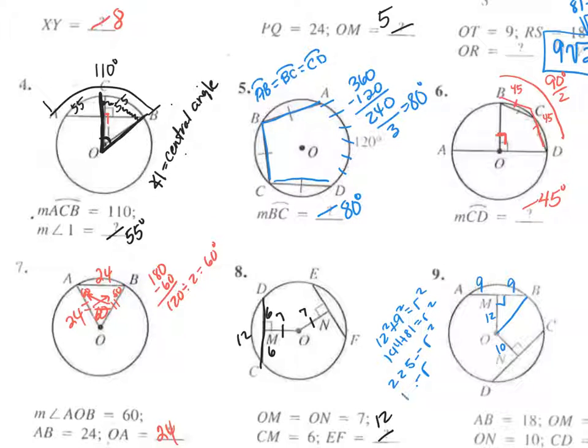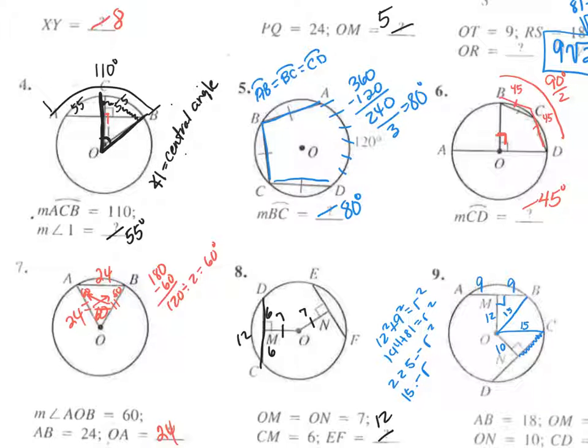So R is 15. So that means that my radius is 15. The radius is the same throughout the entire circle. So if OB is 15, then OC would be 15. Okay? So now I can use the Pythagorean theorem to find this missing leg. And when I double it, then I would have the CD that they have asked for.